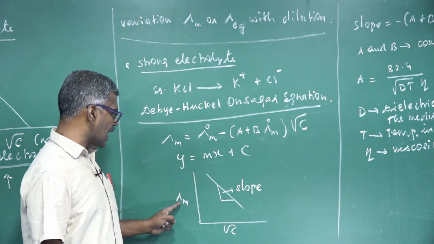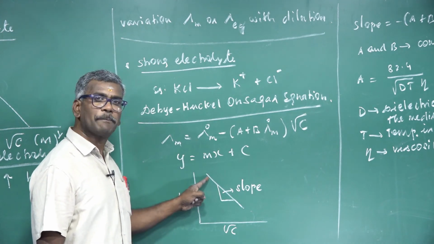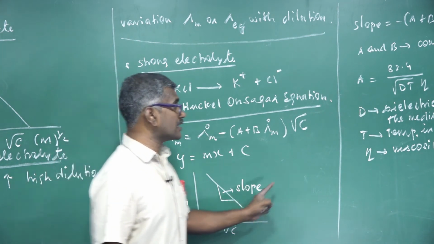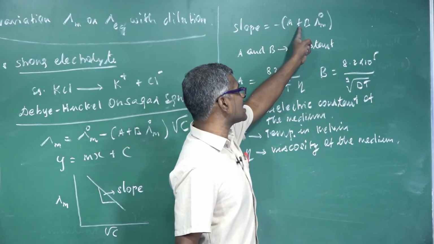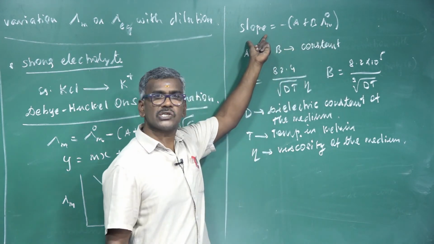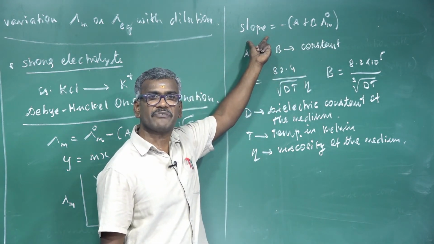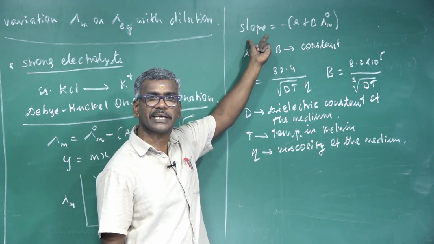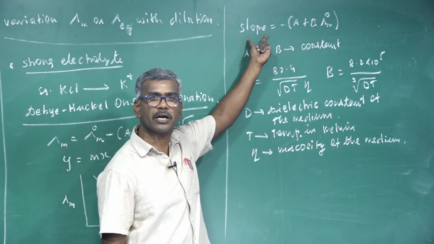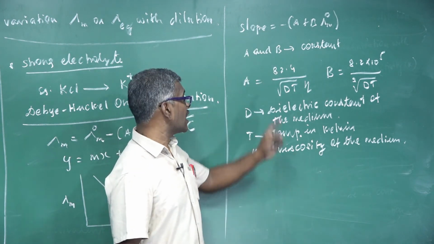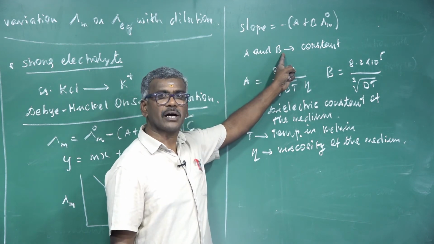Plot a curve between lambda m and root C. We can obtain a straight line with negative slope, the slope being minus A plus B molar conductance at infinite dilution. The value of slope depends upon the type of electrolyte, the charges on the cation and anion, and the degree of dissociation. Here A and B are constants.